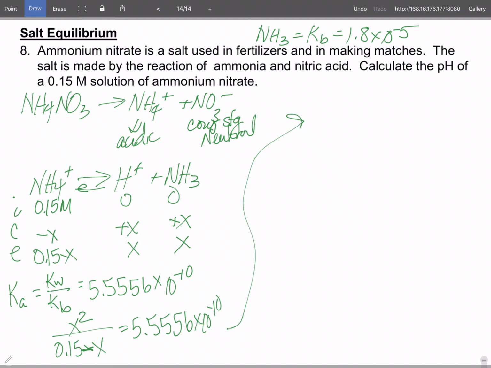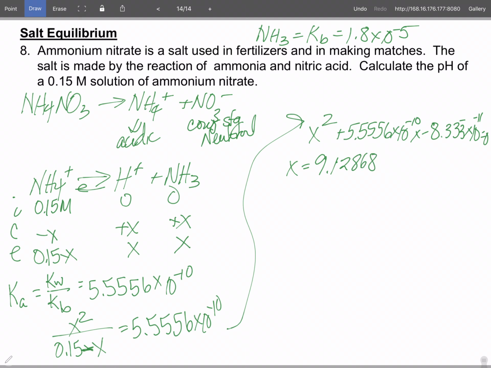So we're going to move up here. We'll end up with x squared plus 5.5556 times 10 to the minus 10th x minus 8.333 repeating times 10 to the minus 11th is equal to 0. So that means we just run it through the poly. We get 9.12868 times 10 to the minus 6. Remember, this is the H plus concentration.